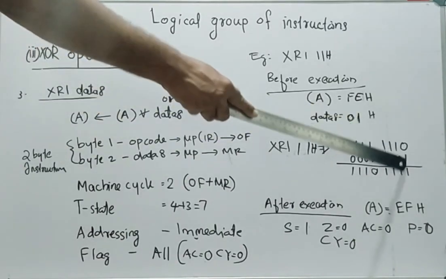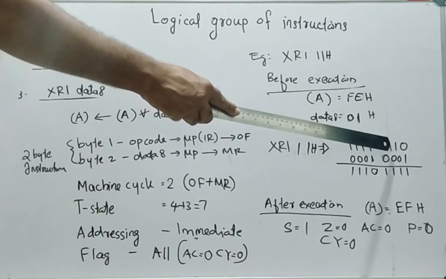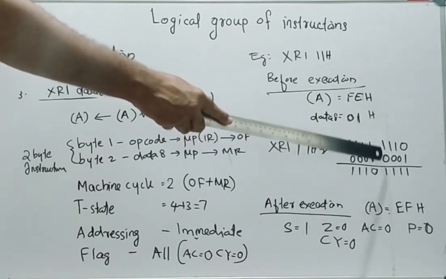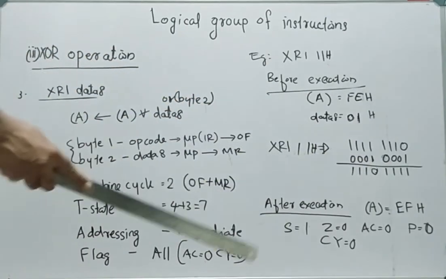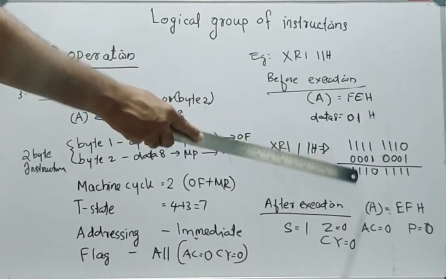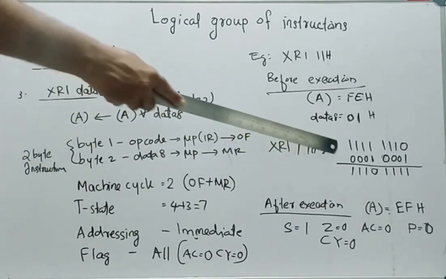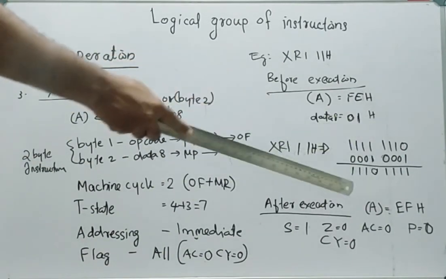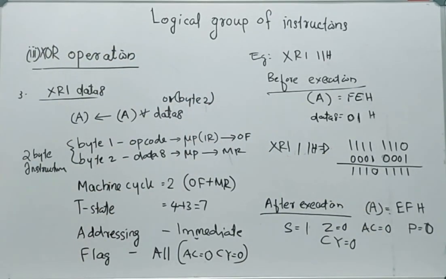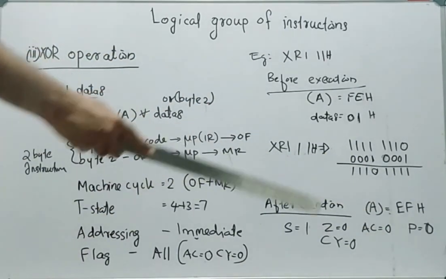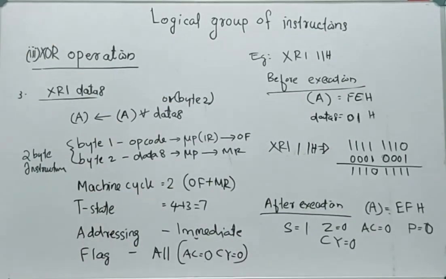So here 0 and 1, the answer is 1; 1 and 1, 1 and 1, 1 and 1. Here the 2 inputs are the same, so the result is 0. When we convert this binary into hexadecimal, the result is obtained as EFH. So after execution of this instruction, the content of the accumulator becomes EFH.